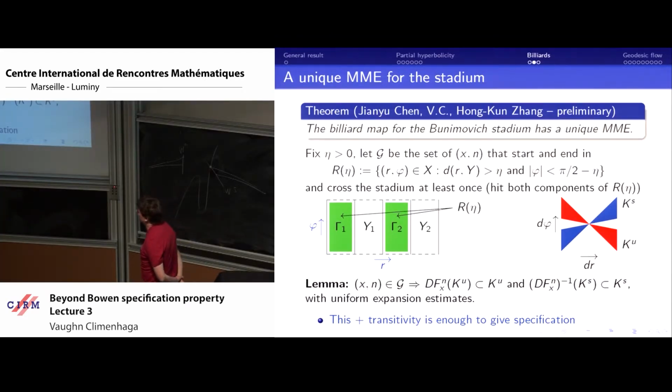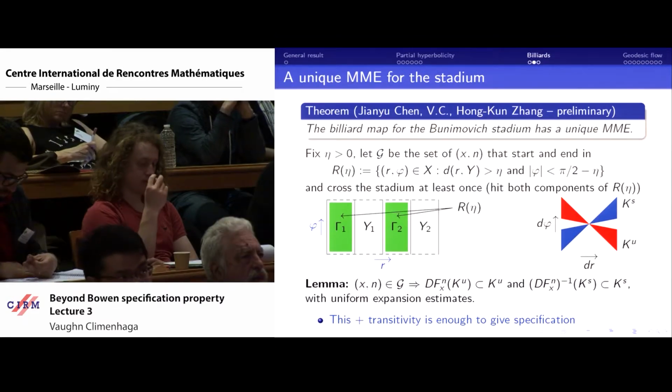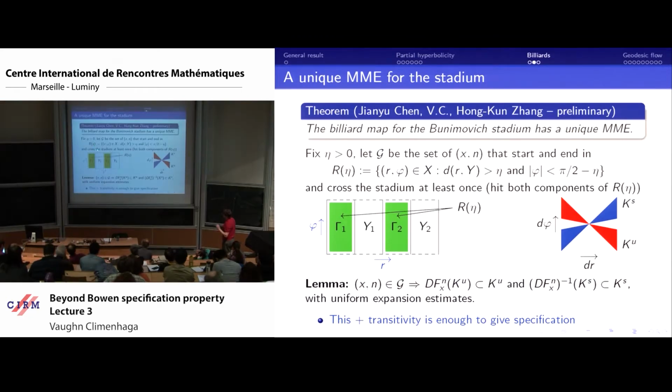And to see how it follows from the general theorem over there, I need to introduce the following collection of orbit segments. Fix a parameter eta, and consider the set of points r, phi, where your distance from the flat part is at least eta, and your distance from π/2 is at least eta.